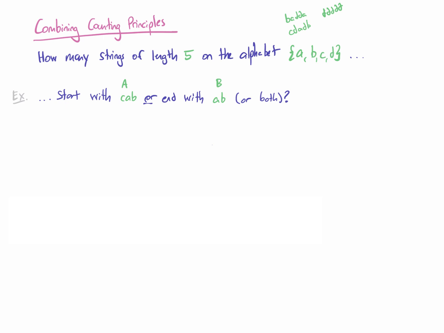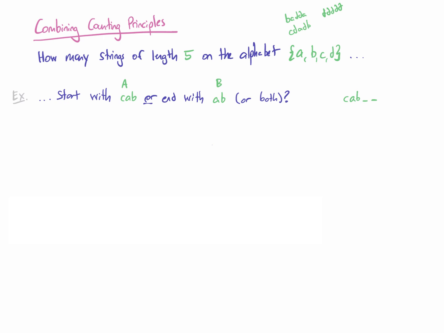Let's try to figure out the size of set A. I have the CAB, that's fixed. Everything in set A begins with CAB. And then I'm going to have 2 more slots, and in these slots I can put whatever I want from this alphabet. That means I can treat this as a problem of finding the size of the set of all strings of length 2.